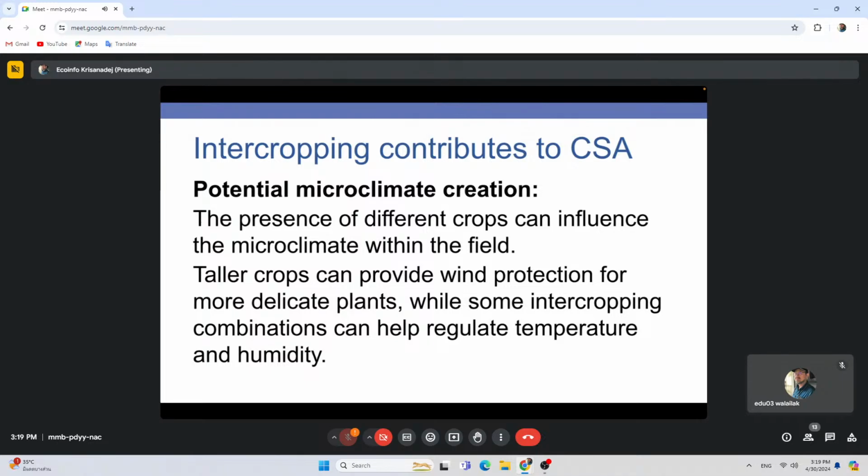We call it a wind protector. It also helps delicate plants whose leaves would otherwise get damaged. Not only does it block the wind, but it regulates soil moisture, temperature, and the relative humidity of the atmosphere. So it helps create a microclimate appropriate for the crops that you produce. Next slide, please.